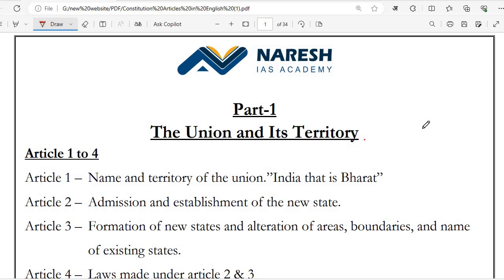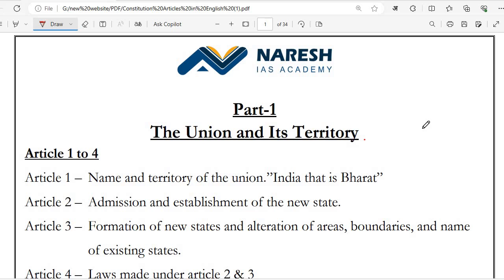Through this process the name and the boundaries of any state can also be altered. And Article 4 says laws made under Articles 2 and 3 should prevail for a long time unless the Indian Parliament repeals them.